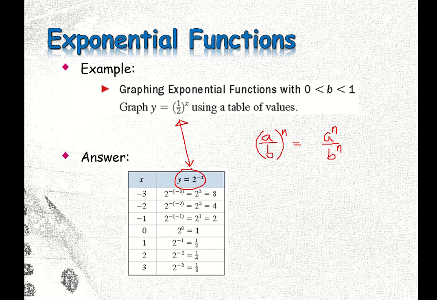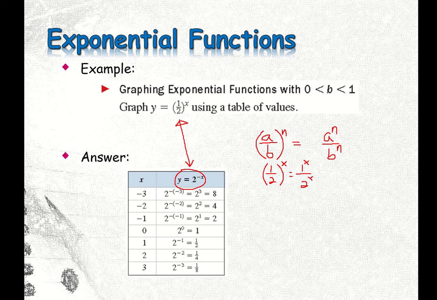So in this case we have 1 over 2 raised to a power x. This is the same as 1 raised to a power x over 2 to the power x. When I say power or exponent, they are just the same.